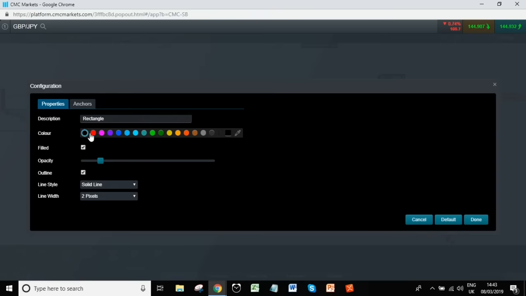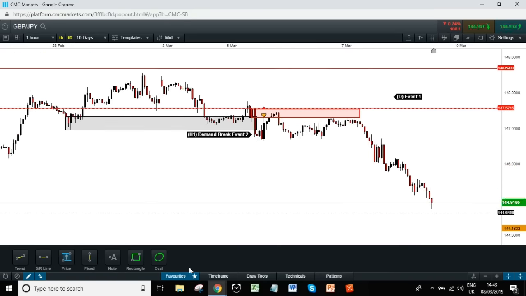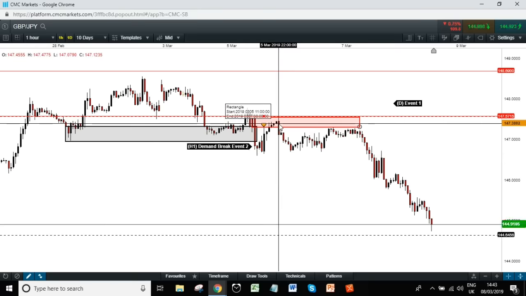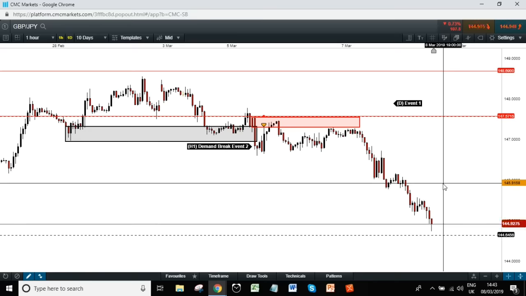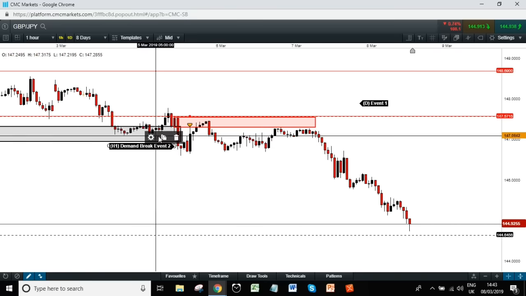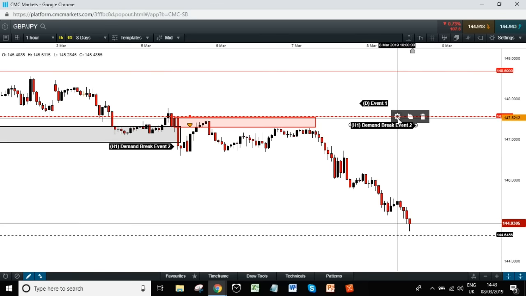Okay, perfect. As you can see, the market came into it nicely and has now pushed out, and we're however many pips we're up already, right? So now this becomes the trigger event.